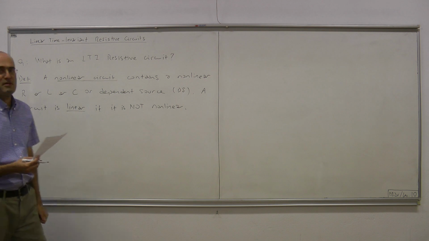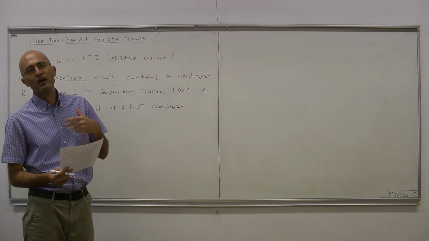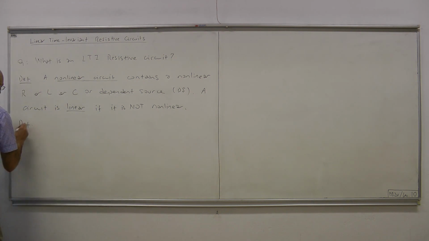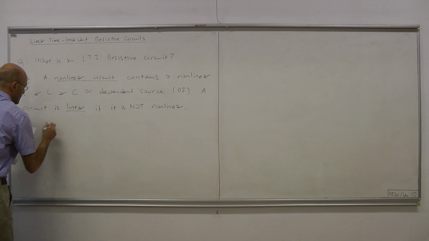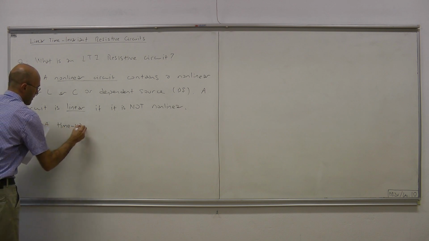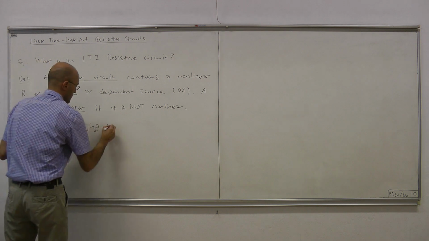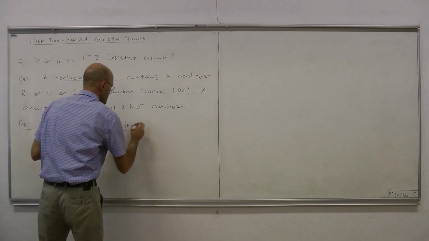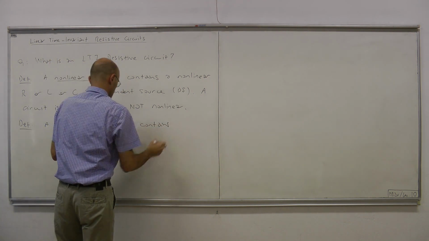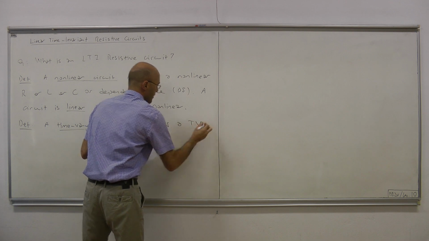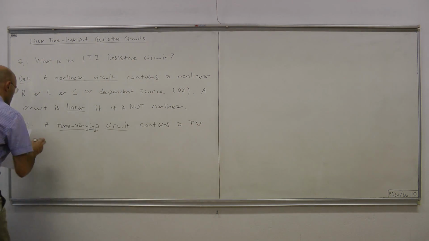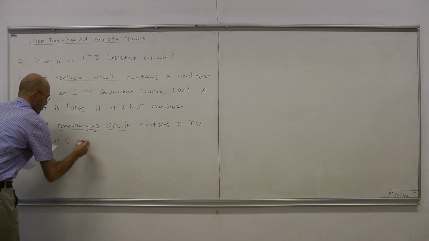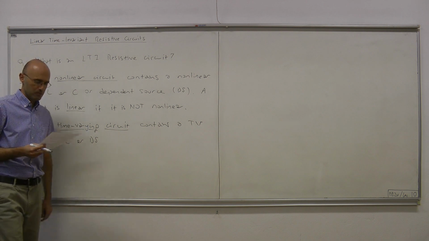How about time invariance? We'll define time invariance by first defining a time varying circuit. This is our next definition. A time varying circuit contains a time varying, TV for short, resistor or inductor or capacitor or a dependent source.